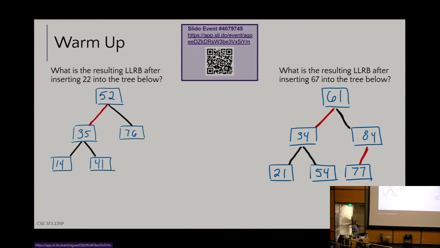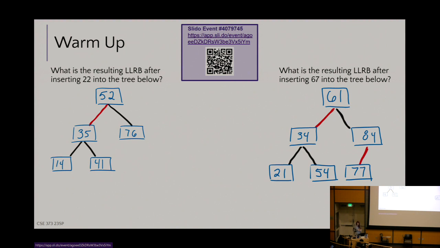So they follow a similar pattern to AVLs where we first insert to maintain the binary search property. Whenever we insert, we always insert with a red link, and then we may do some amount of rotations or recoloring to establish a valid left-leaning red-black tree according to our three invariants again.